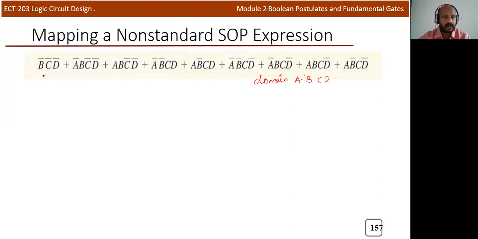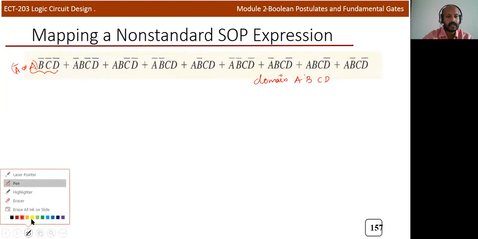By observing, we can identify that the first term contains only three variables, so a is missing, a or a bar. It can be included in this place, so we need to make it standard form.